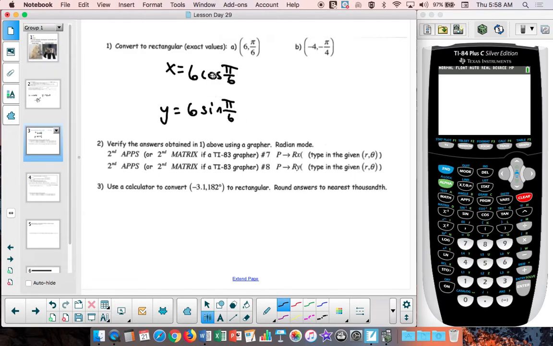Cosine pi over 6 is root 3 over 2, so 6 times root 3 over 2 is going to be 3 root 3. So I'm going to write that right there. And then sine of pi over 6 is 1/2. 6 times 1/2 is 3.